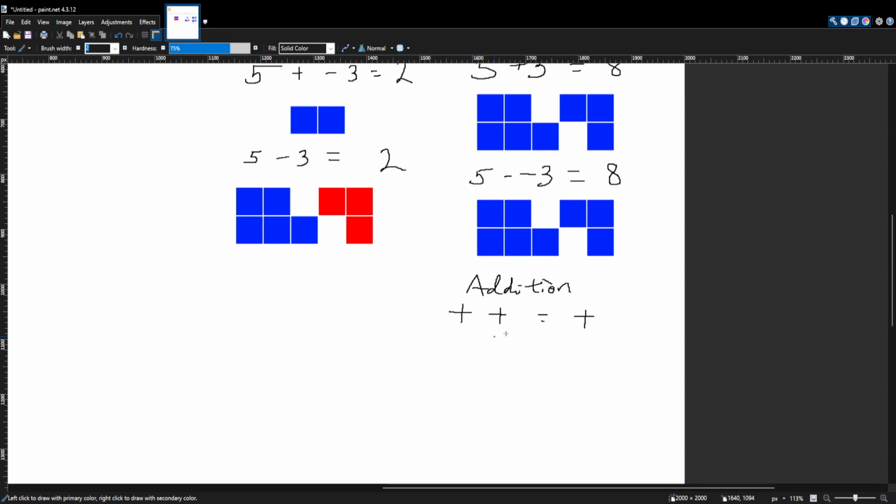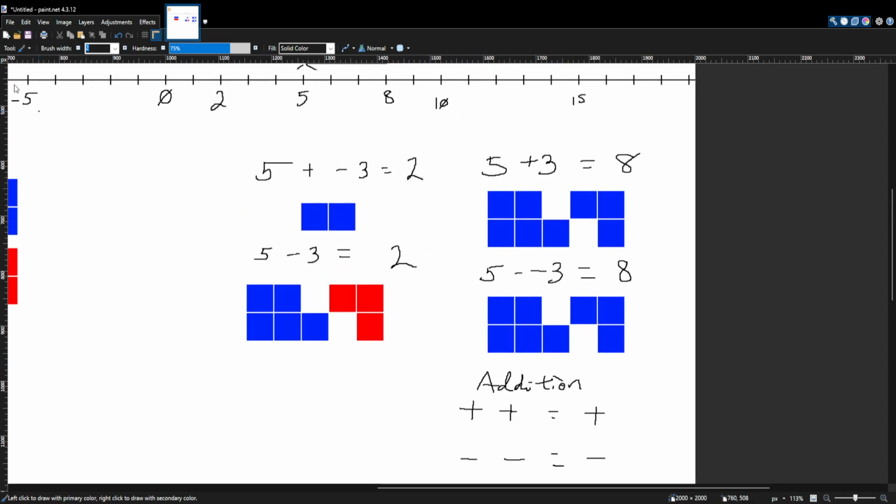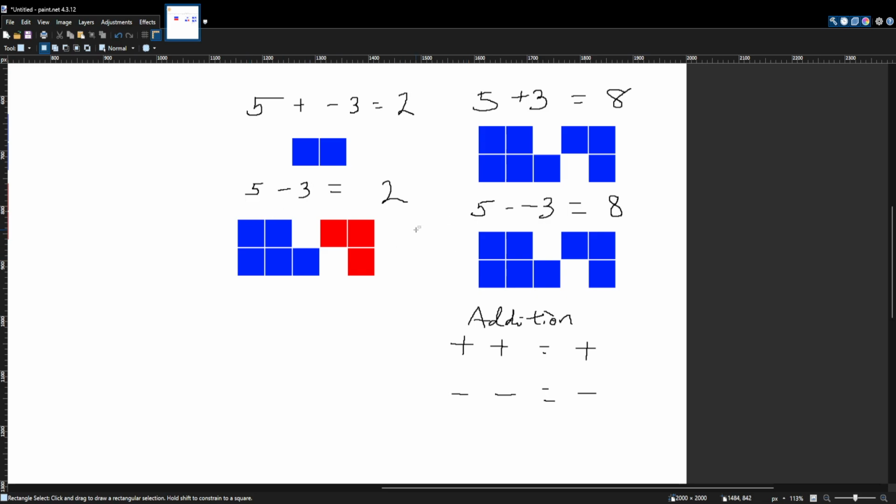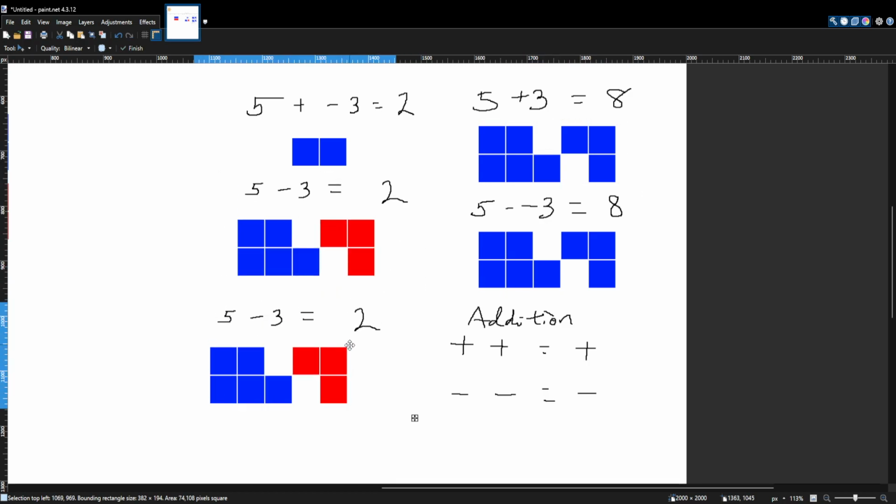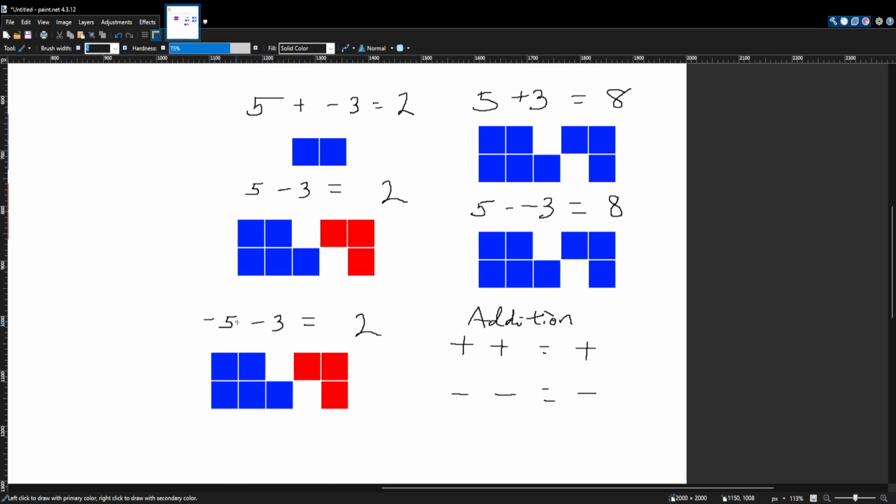If I'm adding two negative values together, a negative and a negative, or I'm taking a negative value and I'm subtracting an amount, then what happens is that, say in this instance here, where I've got -5 and I'm subtracting 3, well then that means all of these blue tiles here turn into red tiles.